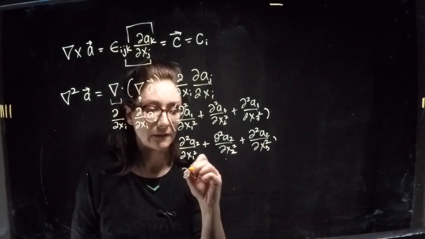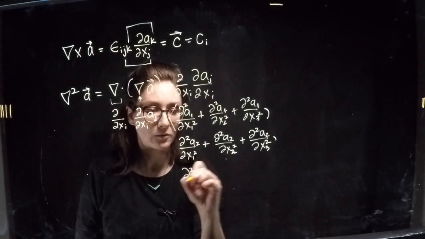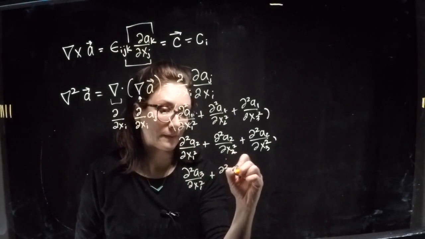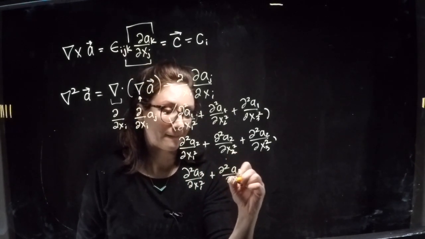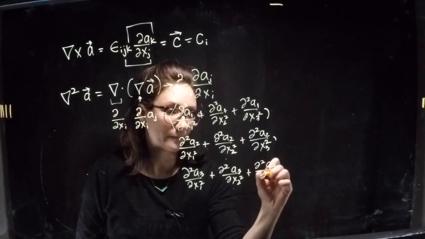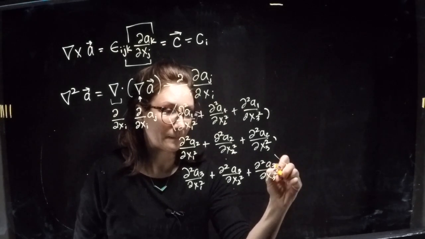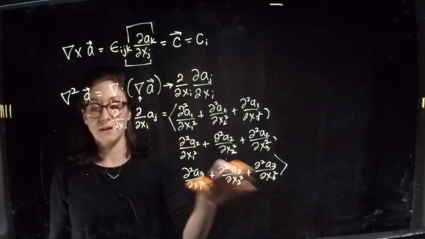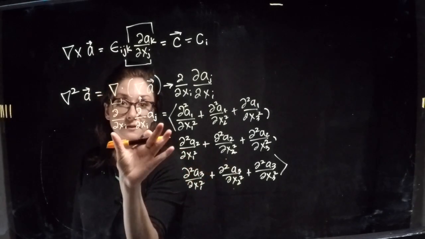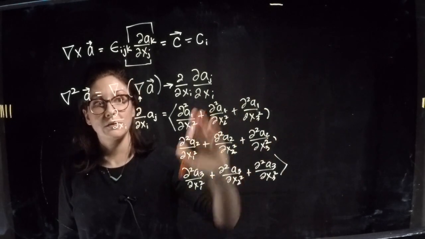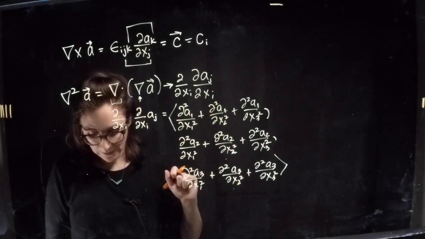And then finally, we're going to operate on the third component. And then that's it. This is probably a good example of how you can see that this shorthand is a whole lot less writing to imply all of this.